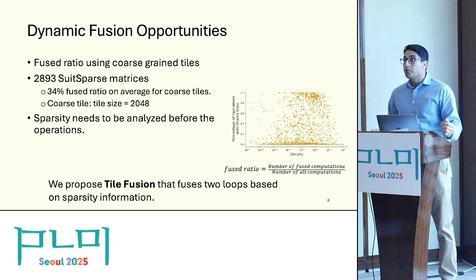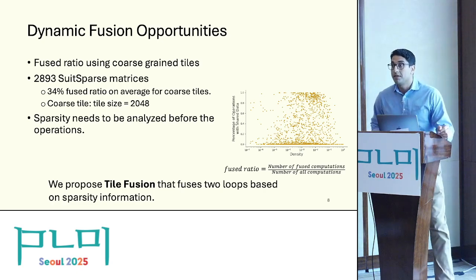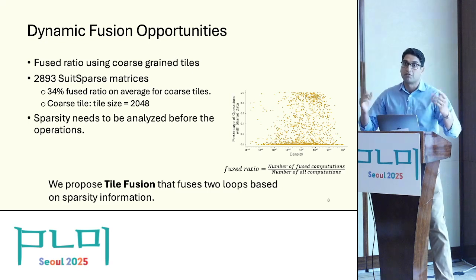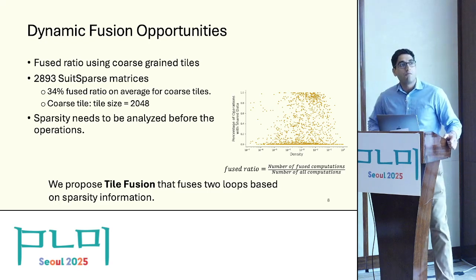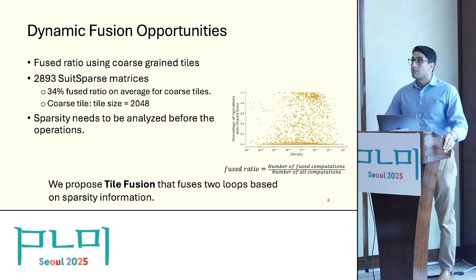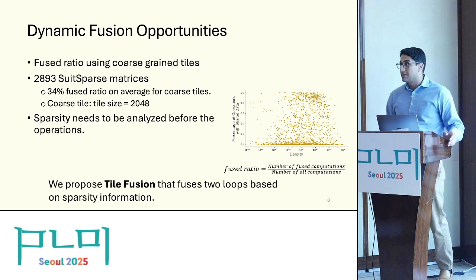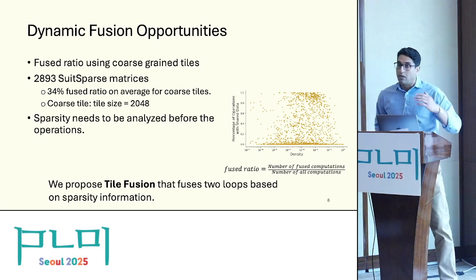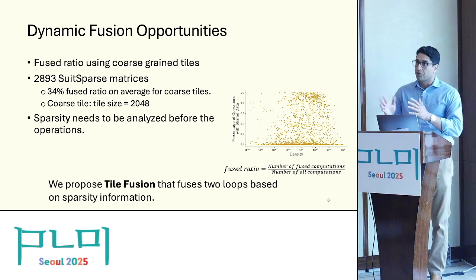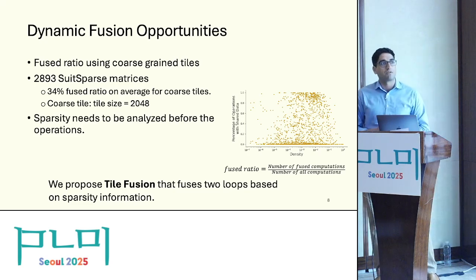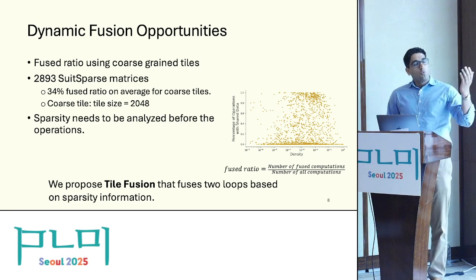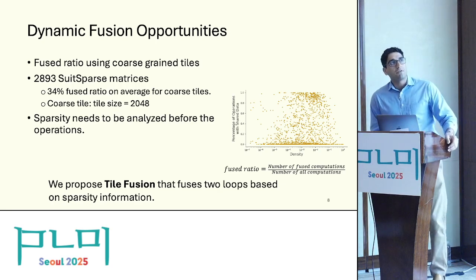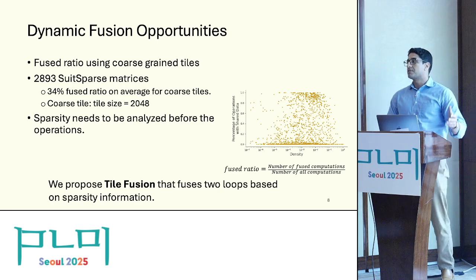We computed the shared data reuse between these 2 operations, between GeMM and SpMM, to see how realistic it is to focus on this fusion. And we found that this property naturally exists in many of these matrices. Even if it doesn't, you can apply reordering, but I don't want to talk about that here.